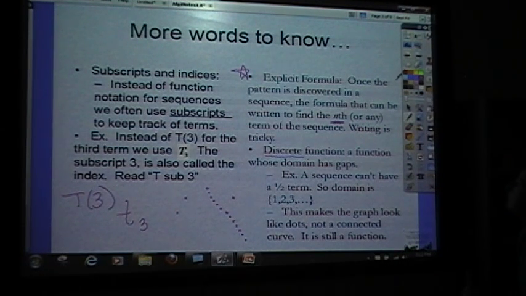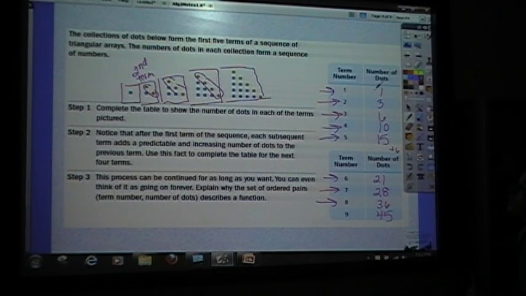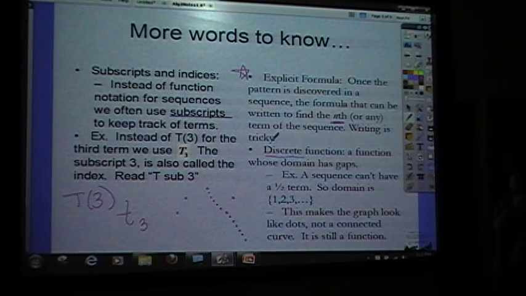And the reason for that, going back to this example here, when I graph it, 1 would be 1, 2 is 3, it's going to kind of go on like this. I can't connect the dots because there's no 1.5 term. It doesn't exist. There's just 1, 2. So when I graph it, there's just going to be a bunch of dots. I cannot connect them. That's what discrete means.